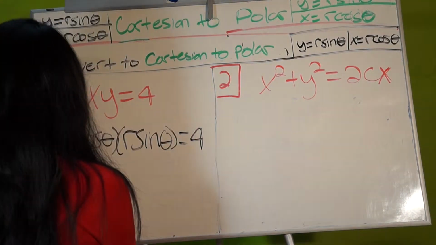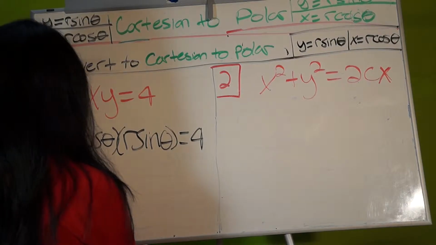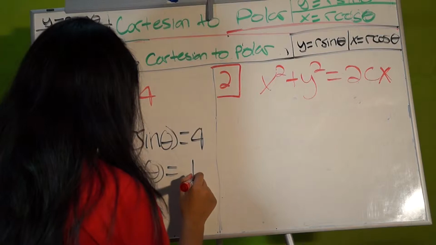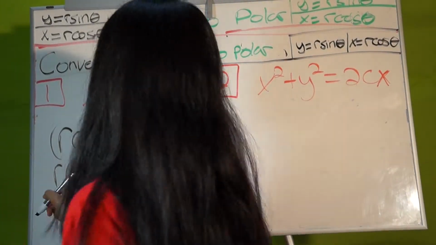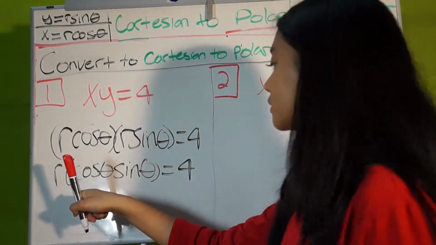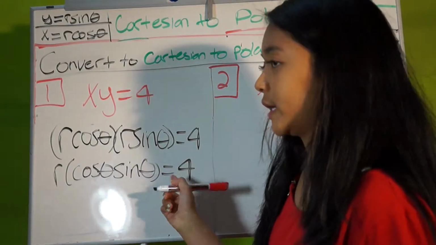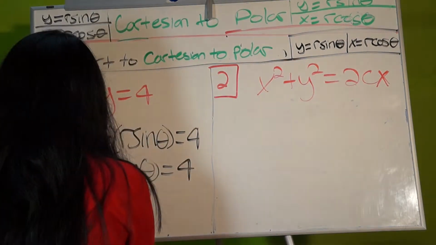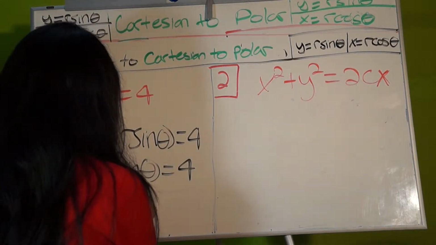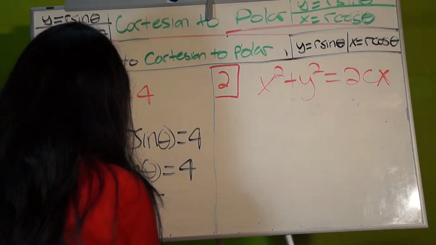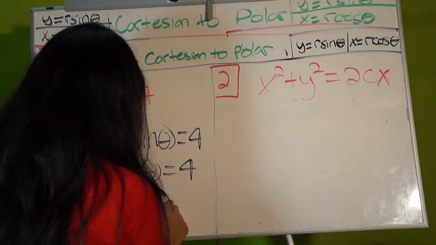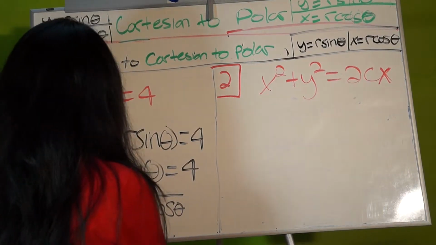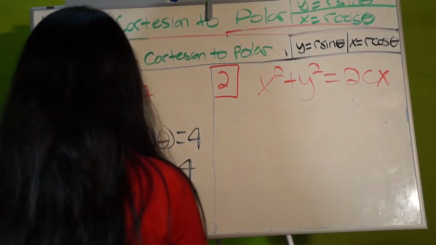And just factor out the r, so you'll have r times cosine theta times sine theta equaling 4. And then you divide cosine theta sine theta from both sides. So you'll have r equals 4 over sine theta cosine theta. And that is how you convert from Cartesian to polar here.